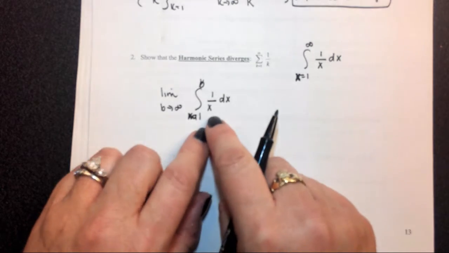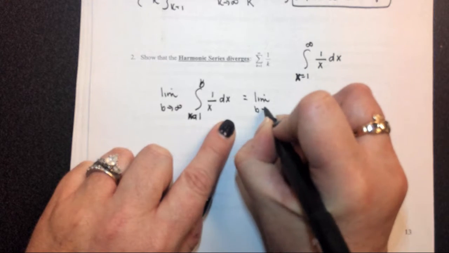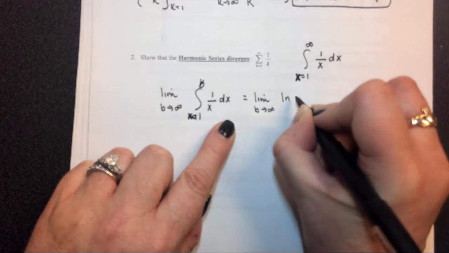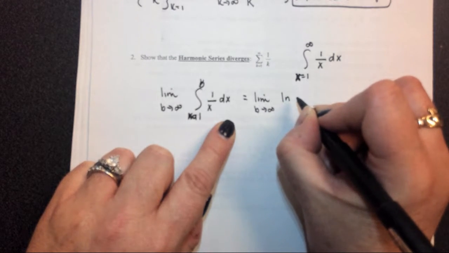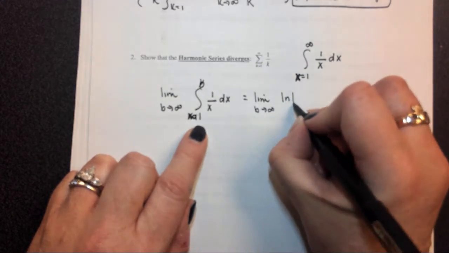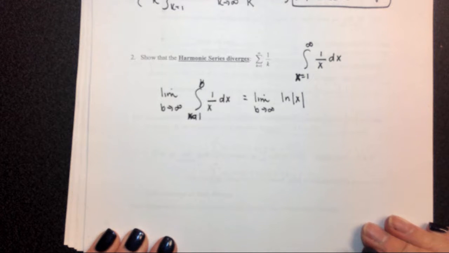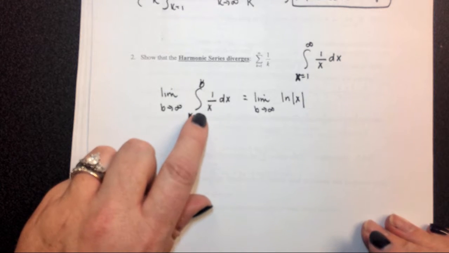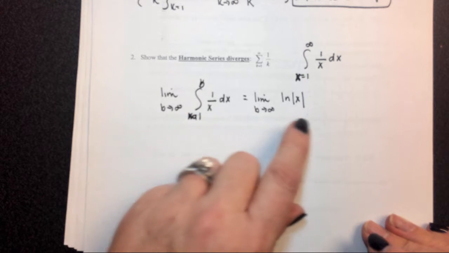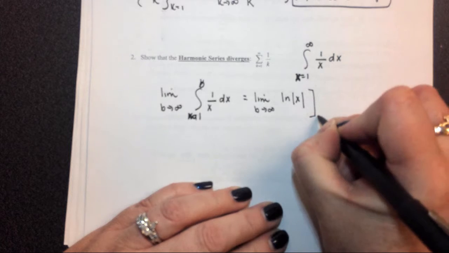The antiderivative of 1 over x is going to be what? I know the antiderivative of 1 over x is the natural log of x. And again, I have to evaluate this from 1 to b.